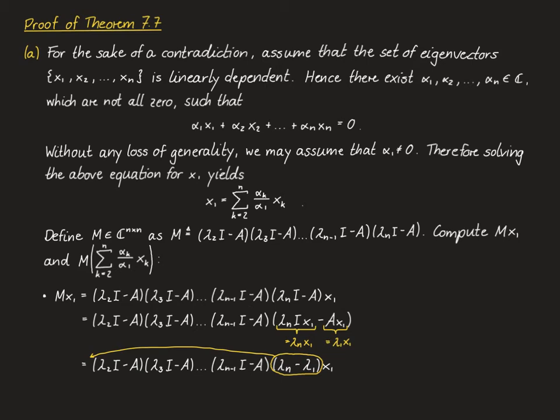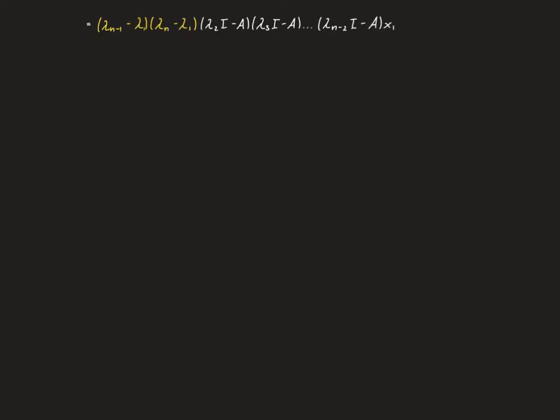Then we can play the same trick again by multiplying x1 into the second matrix in the brackets here, where similarly to the above, we see that the first term equals lambda n minus 1 x1, and the second term equals lambda 1 x1. So again, by pulling out the scalar lambda n minus 1 minus lambda 1 and pulling it in front of the entire expression, we end up with this expression here.